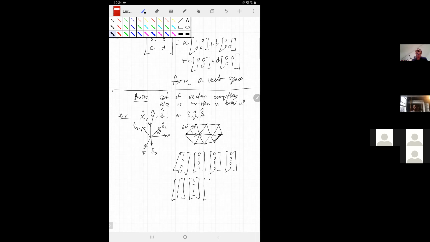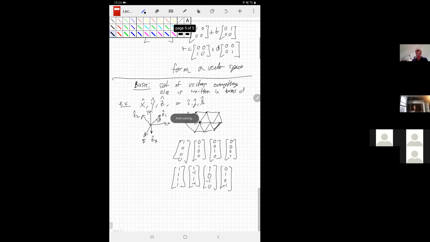And then 1, 0, minus 1, 0. And then finally 0, 1, 0, minus 1. We could use those as a basis because we could write any other vector as some linear combination of these.